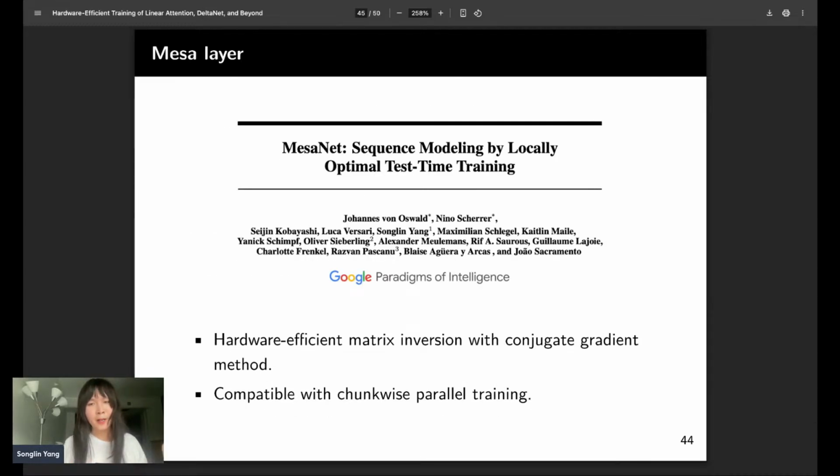And in this paper, we use the conjugate gradient method to compute this matrix inverse term. And this conjugate gradient method is totally compatible with the chunkwise parallel training algorithm as we introduced in the previous context, making the resulting Mesa layer very scalable. So this is the first time we can train this very interesting sequence modeling layer in a hardware efficient manner.